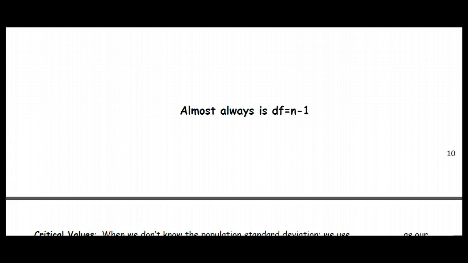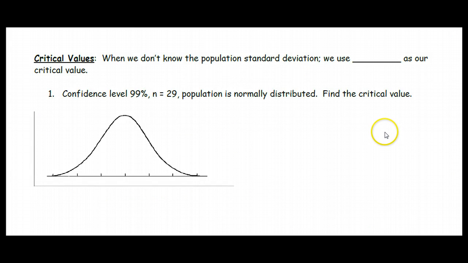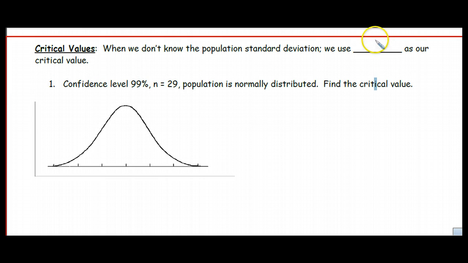Now, most of the time, our degrees of freedom is going to be n minus 1. And for us, it's always going to be n minus 1 in this section. When we don't know the population standard deviation, we're going to be using t as our critical value. Before, we were doing z alpha over 2, and this time we're doing t alpha over 2. Our confidence level is 99%, so that's going to go in the middle.